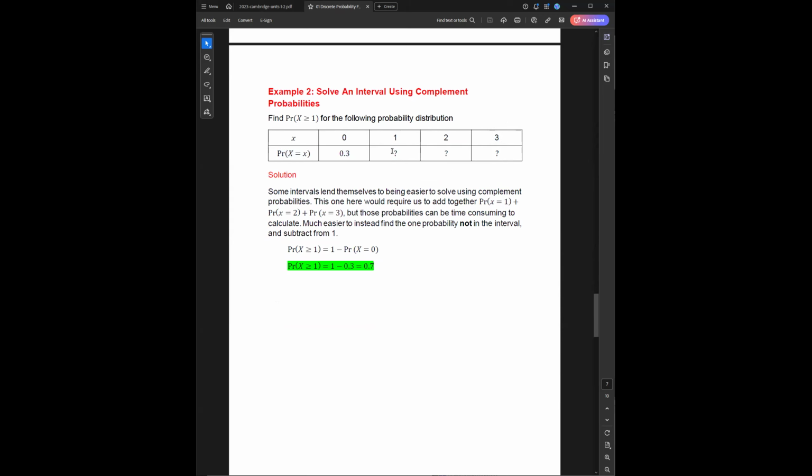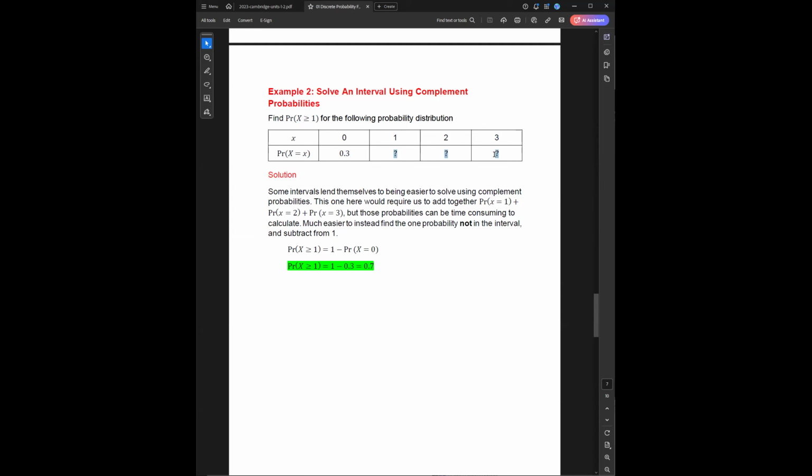So if this is 0.3, then the rest of this needs to add up together to give 0.7. So we know that. And that's actually what we use because for probability x greater than or equal to 1, it would require us to do x equals 1 plus x equals 2 plus x equals 3. And so we use that idea of complement probabilities to figure out what this must have therefore been.